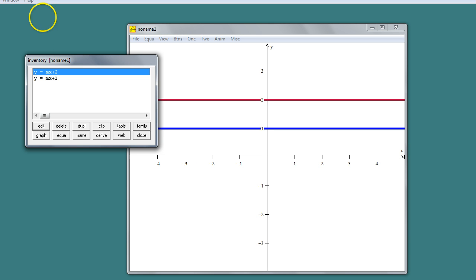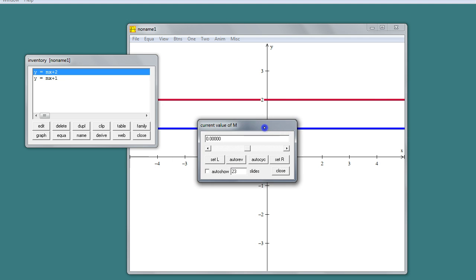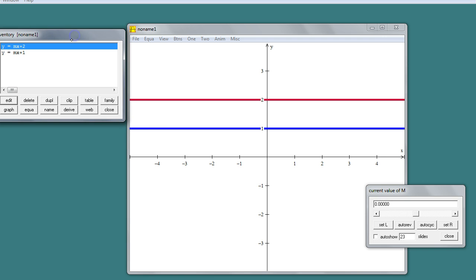And what I could do with this is go to animation, individual. I'm going to grab that letter m. Right now, what's m set as? 0. That's why. Does it make sense why both are horizontal lines? Because if the slope is 0, you get a horizontal line. Look what happens if I change m to, I don't know, 2.